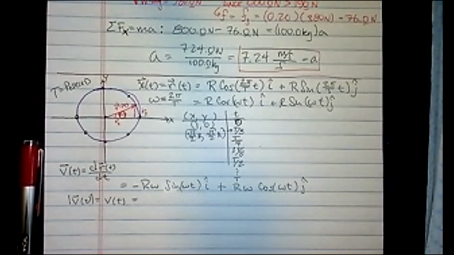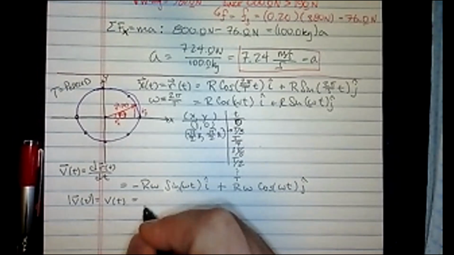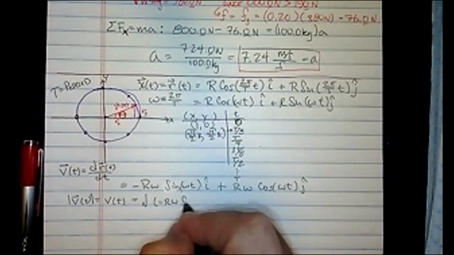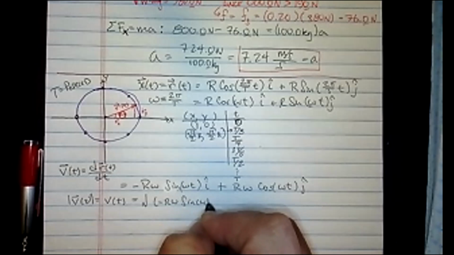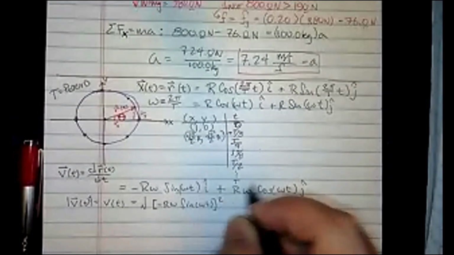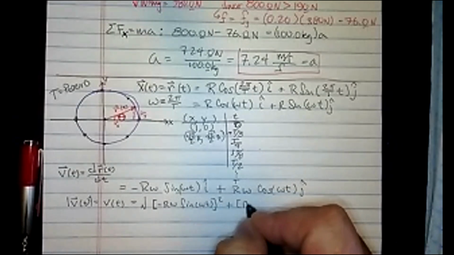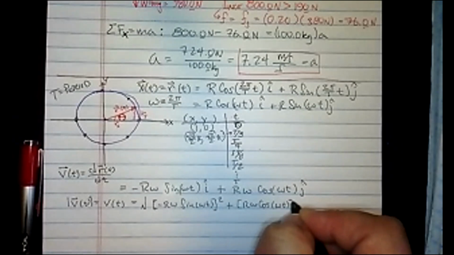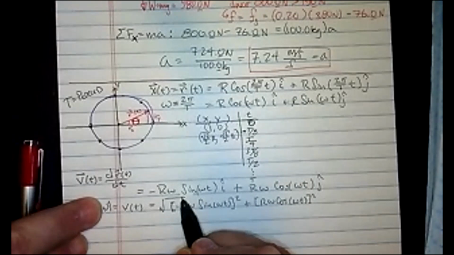That's another way of writing it. Now what I do is I take the square root of those things. So I write negative r omega sine omega t, square that, plus r omega cosine omega t, square that, and then take the square root of all that.